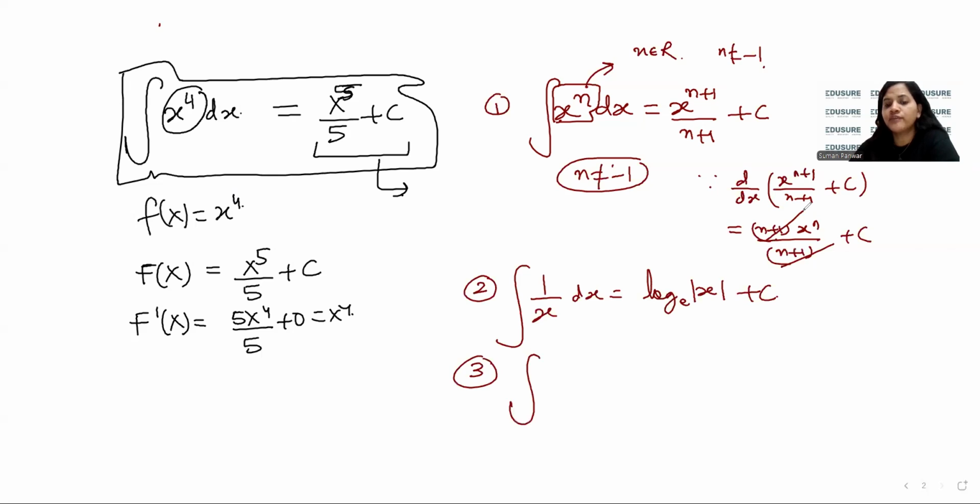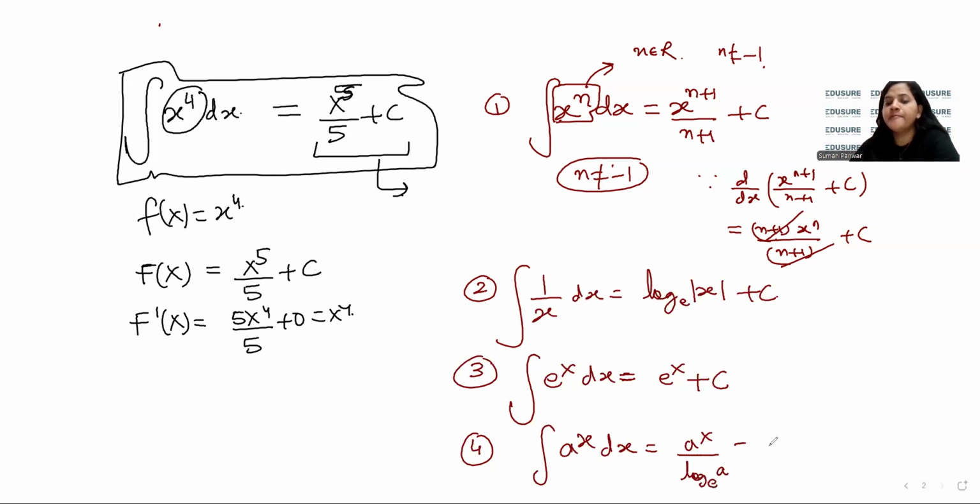What is the integration of e power x dx? That is going to be e power x plus c, because the derivative of e power x is e power x. So with the knowledge of differentiation, we can actually revert back to a formula in integration. Similarly, the integral of a power x is going to be a power x divided by log with base e of a. Why?